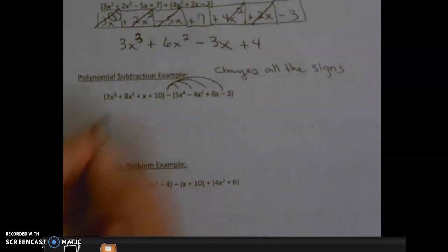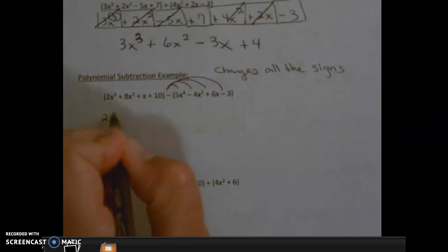Step 1, distribute. So we're going to distribute the minus. So basically what that does is it changes all the signs. Okay, so we're going to bring down the first term.